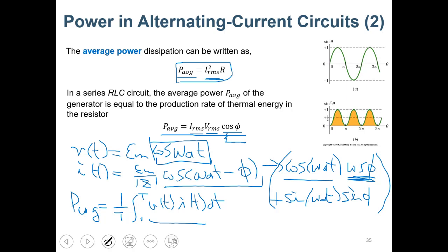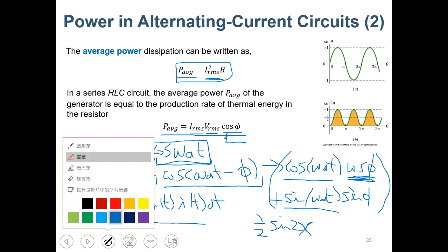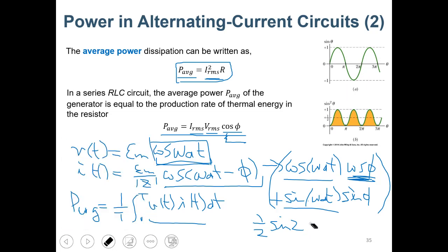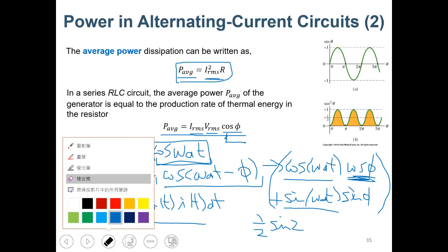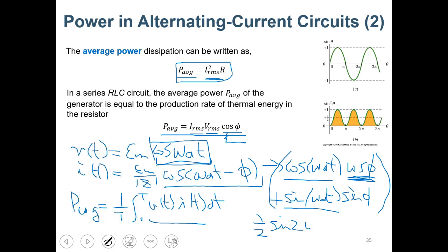And for the second term, you have cosine omega_d t multiplied by sine omega_d t, which will be 1/2 of sine 2x, or I should write it as 2 omega_d t.